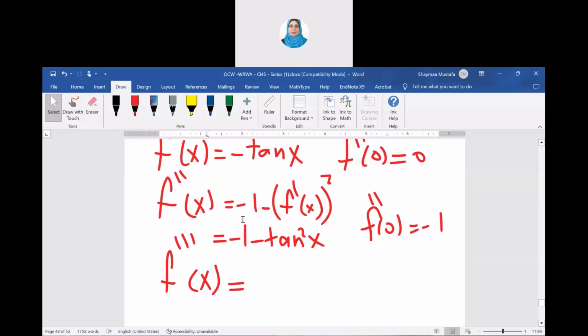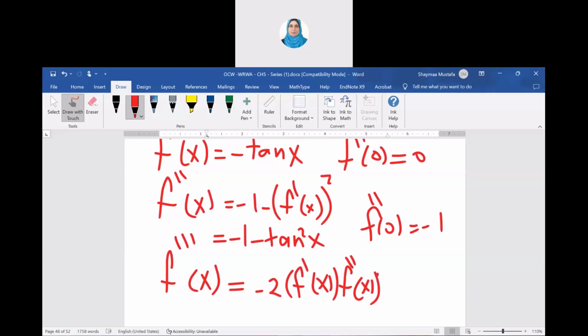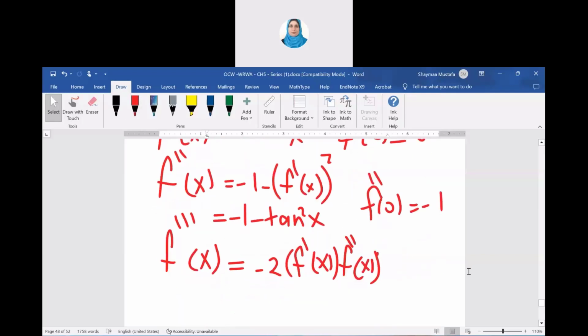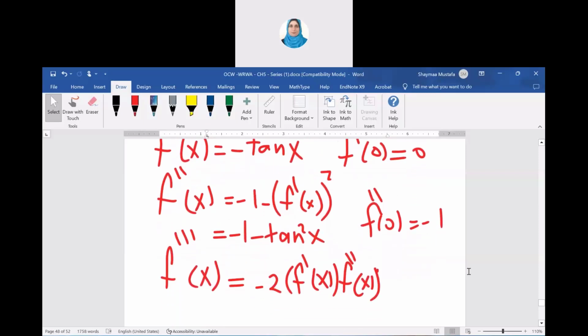The derivative of minus 1 is 0, so it is equal to minus 2 times the first derivative times the second derivative. Now if you substitute 0, because the first derivative at 0 is equal to 0, the third derivative should be 0 as well.